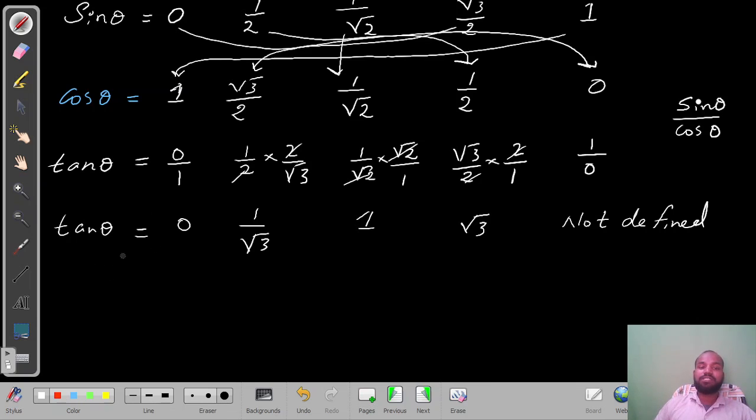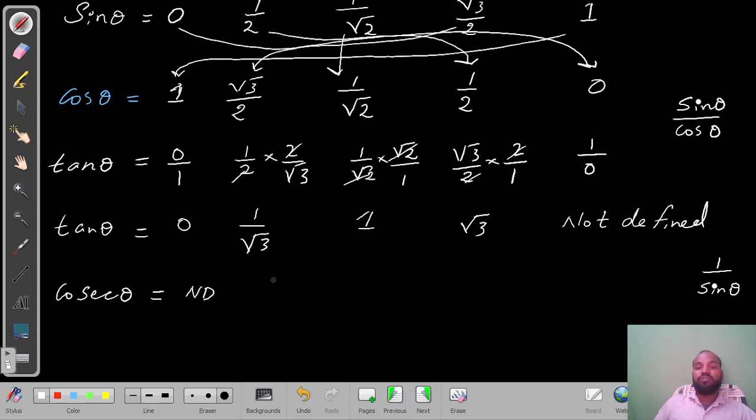Now we need to find what? Then we have to find cosec theta. Cosec theta is nothing but the reciprocal, the multiplicative inverse of sine theta, right? So 1 by sine theta is nothing but cosec. Cosec is equal to 1 by sine. Now 1 by 0 is not defined.